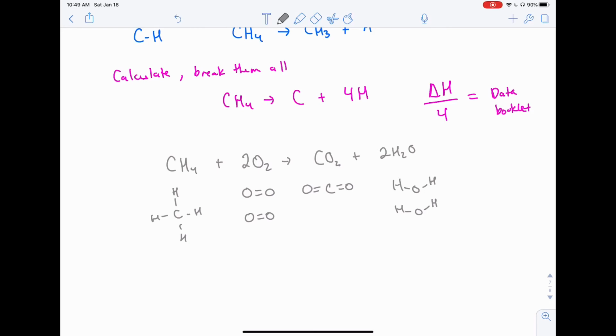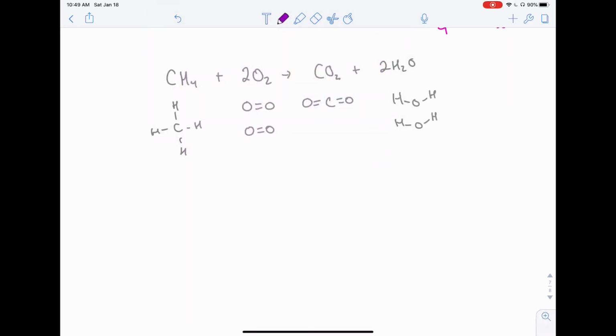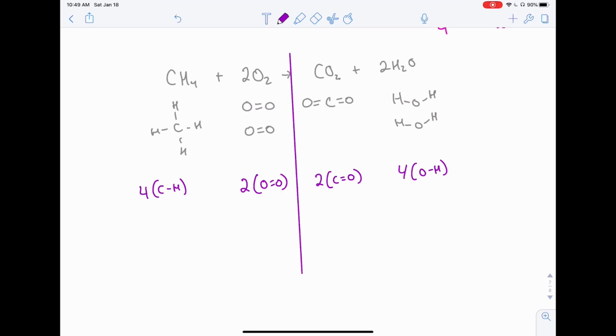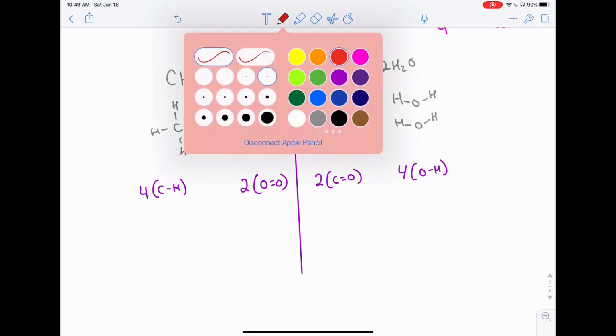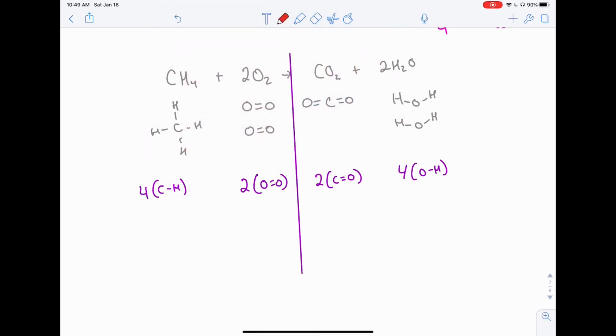So here, what this is saying is this. We have 4 CH bonds and 2 O double bond O's. Here we have 2 C double bond O's and 4 OH bonds. Now, all the values you look up are all the energies to break these bonds. Okay? Which side are you actually breaking bonds on?